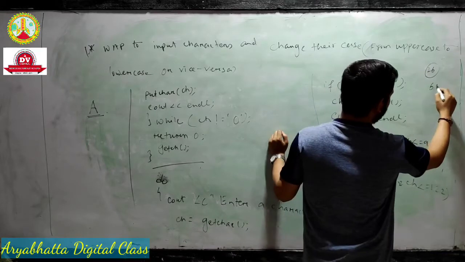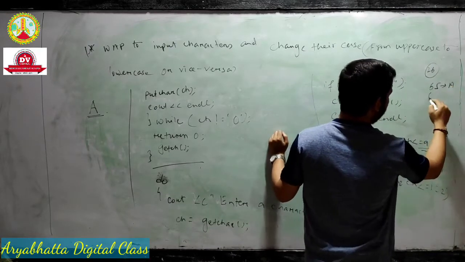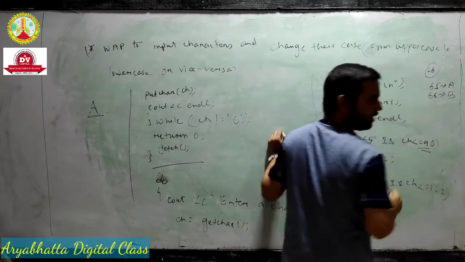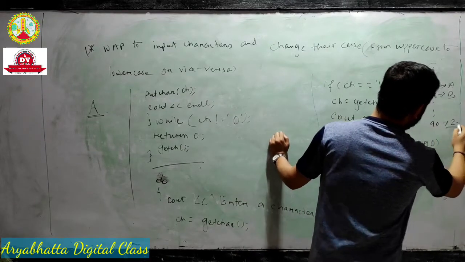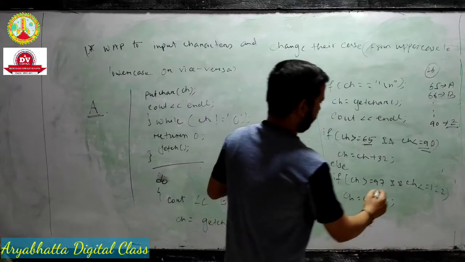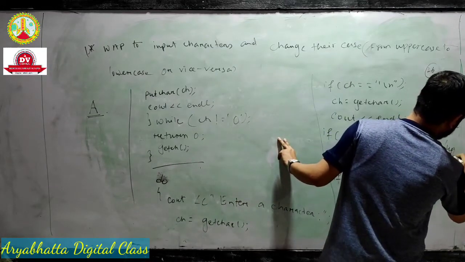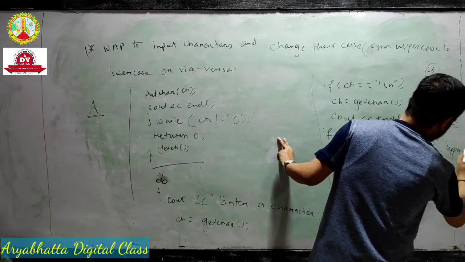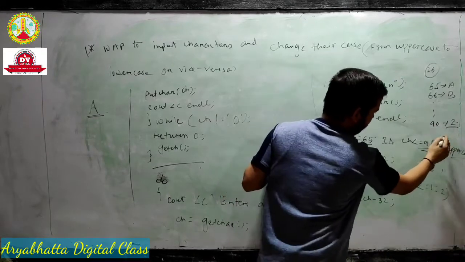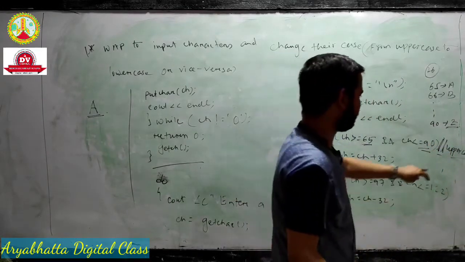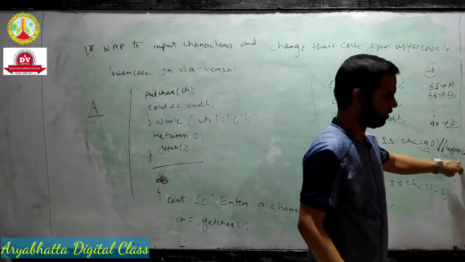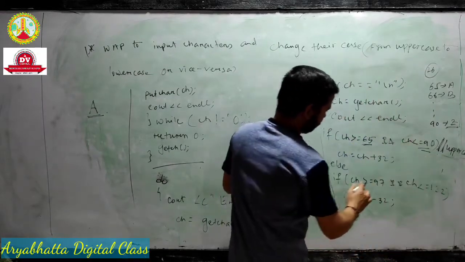In 65 we assign capital A, in 66 capital B, and like that in 90 capital Z. Okay, this is for uppercase. You can write this as a comment; the compiler doesn't execute this statement. Okay, this is for understanding.